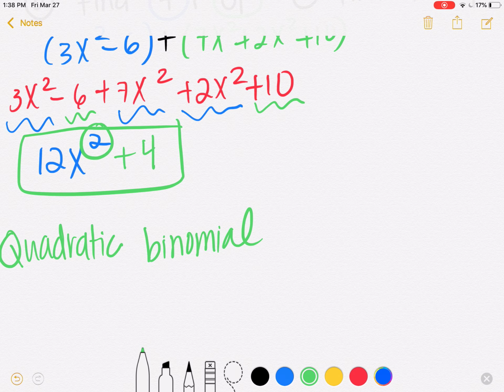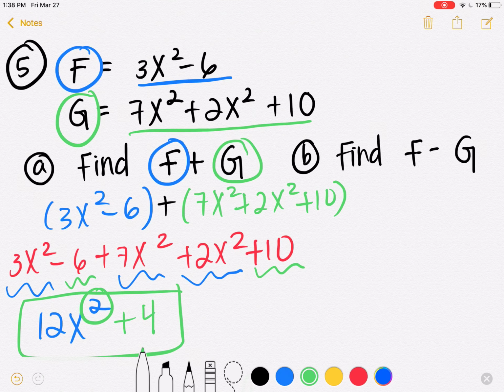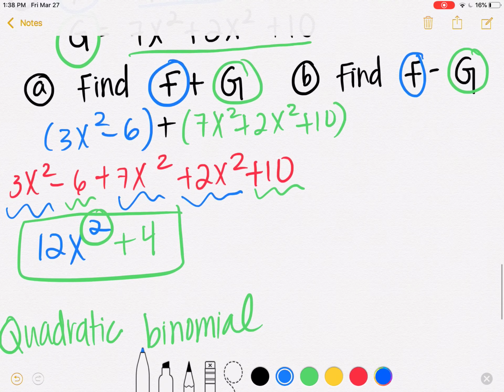Okay, for part B, it's the same, only you're subtracting, but we're going to substitute the same way. So I'm going to plug f in here, plug g in here, and put a minus sign in between. Okay, so let me rewrite that for you. So that one's going to turn into, remember, put them in parentheses. I'm going to move down here because I don't have enough space.